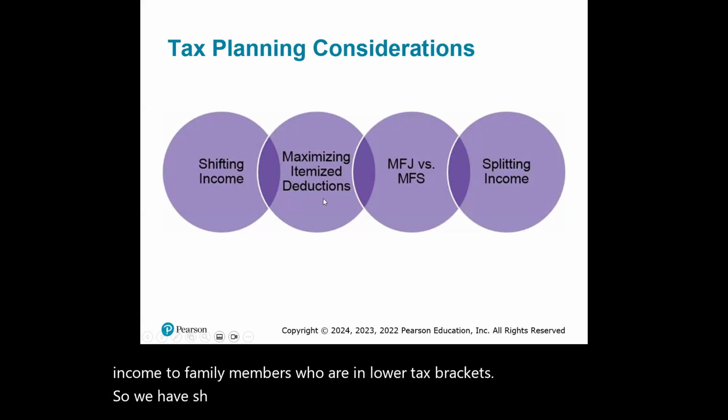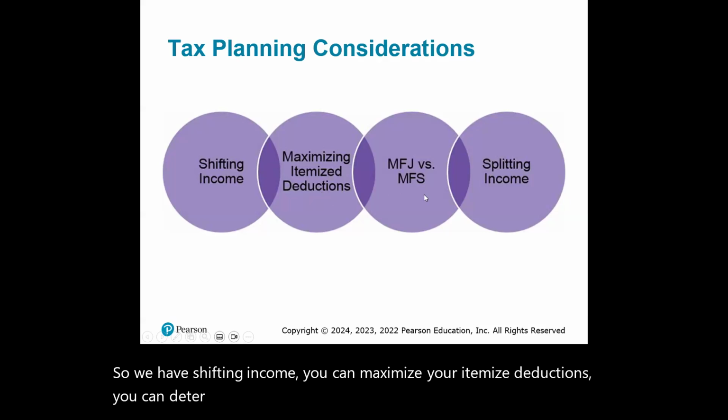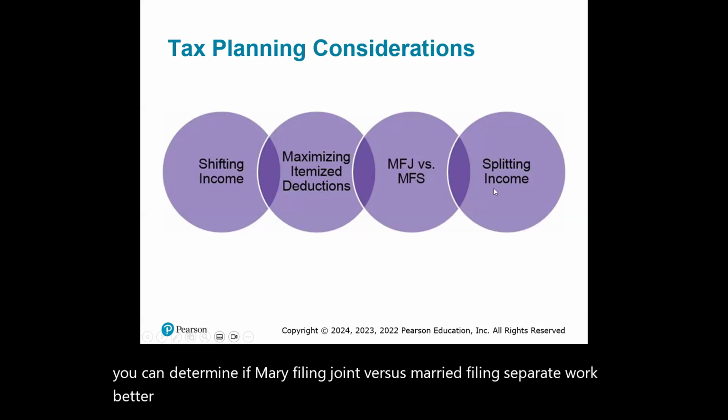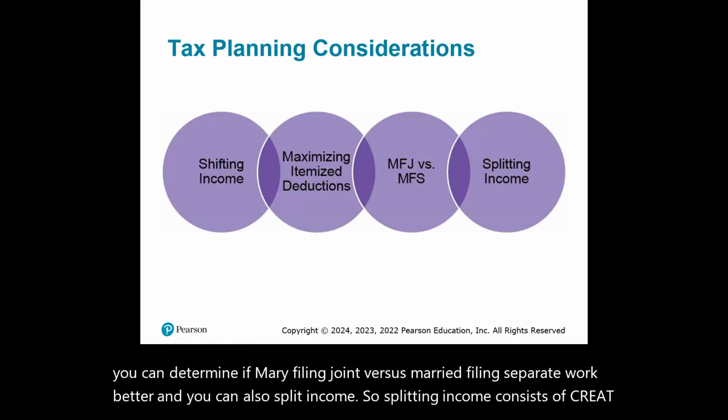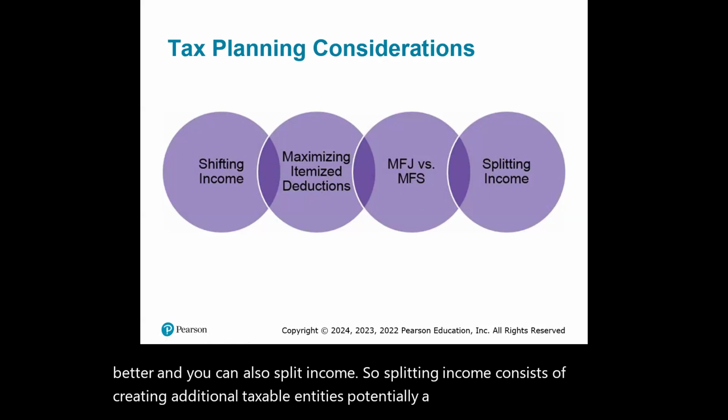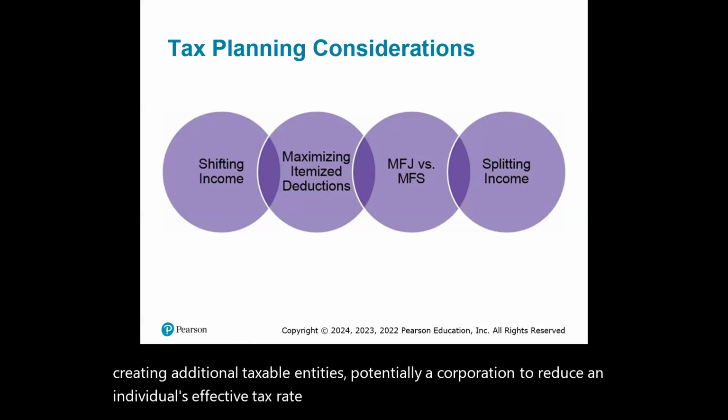You can maximize your itemized deductions. You can determine if married filing joint versus married filing separate works better. And you can also split income. Splitting income consists of creating additional taxable entities, potentially a corporation, to reduce an individual's effective tax rate. So these are some opportunities for tax planning considerations.